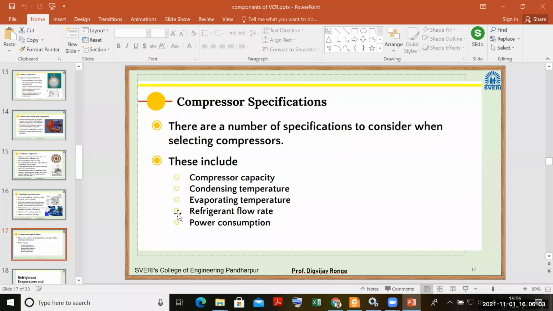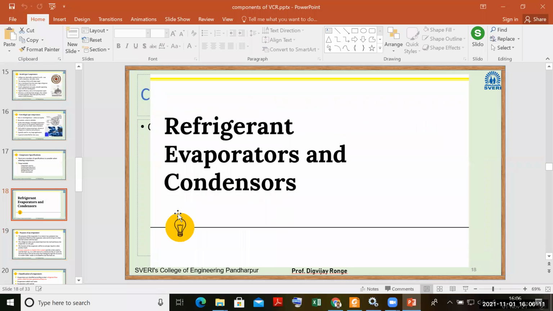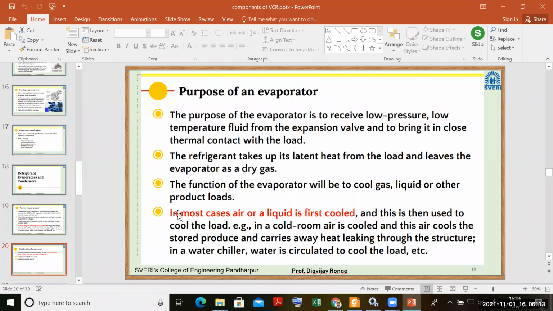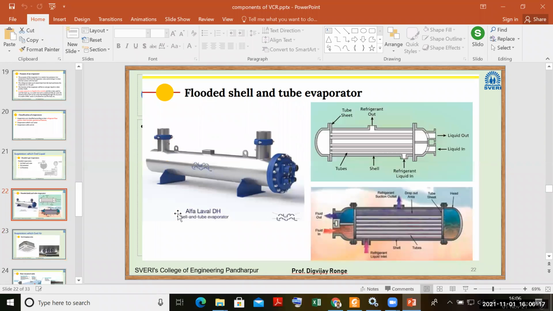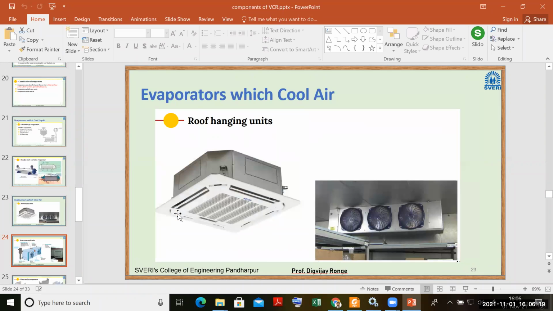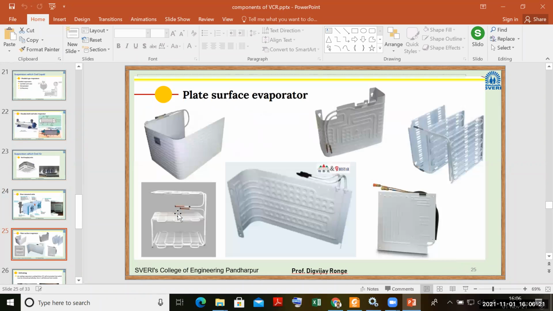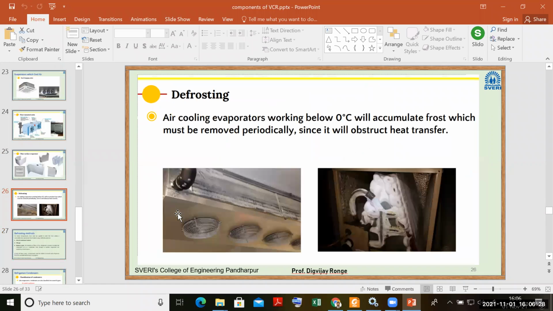Then we have seen how to select the compressor. These are some points which will be available in the company's catalog, and from that you can select. Then we have seen the evaporators, their classification and types: flooded shell and water, hanging, rooftop, used in commercial fridge and coolers, and flat surface evaporator.